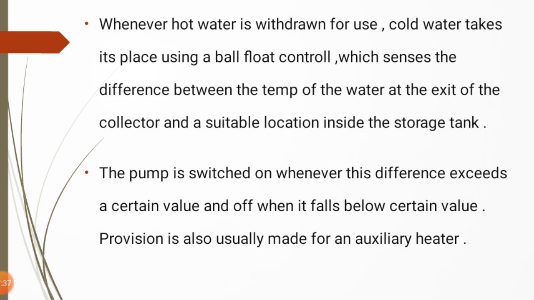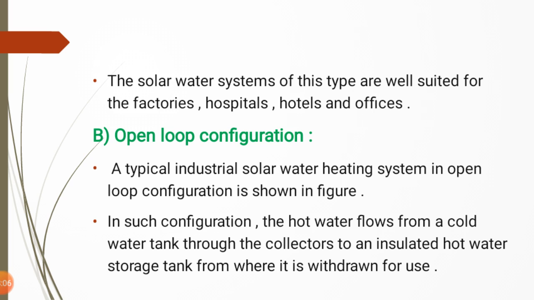And as we discussed, provision is also usually made for an auxiliary heater. That means in the rainy season, or when we have less intensity of solar radiation, we use the auxiliary heater for heating purposes, generally in emergencies. So this is the closed loop configuration, which is one type of forced circulation system. Solar water heating systems of this type are well suited for factories, hospitals, hotels and offices.